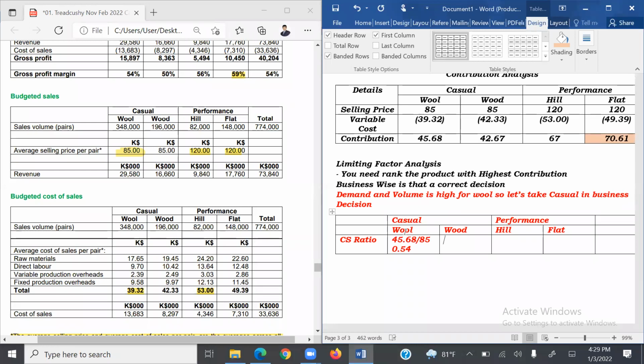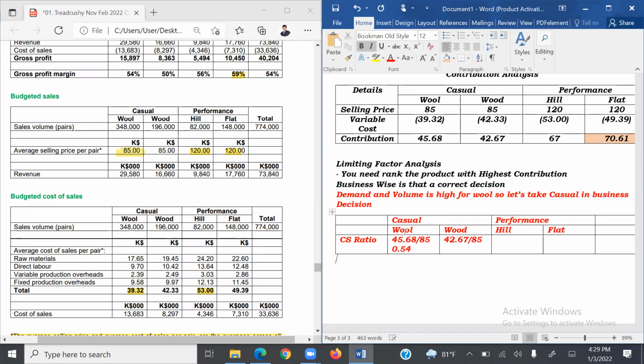And let's do it for the wood as well. 42.67, I'm going to divide it by the selling price. Once again, it's 85. So the effective answer that I will be getting in this case is 0.5.